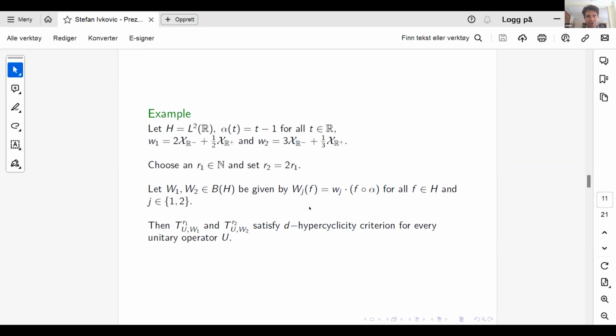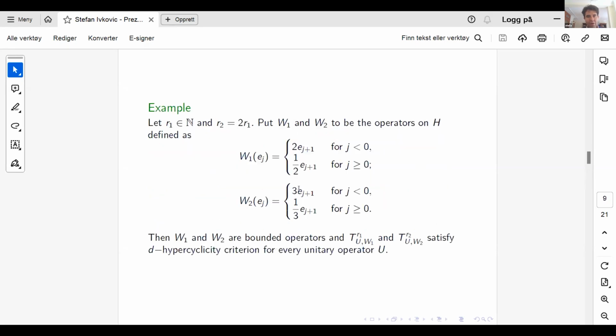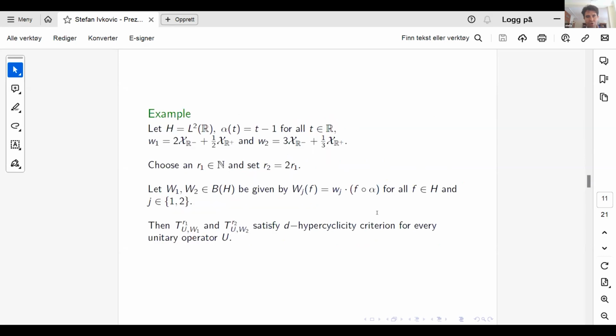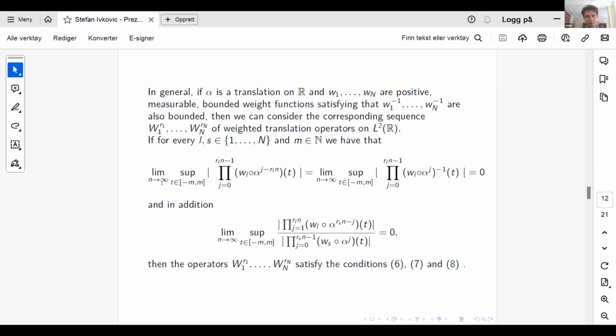And then the operators of this kind will satisfy the hypercyclicity criterion on H, which will ensure that also these operators satisfy the hypercyclicity criterion on B0 of H for every unitary operator U. And also this setup can be more generalized in terms of these conditions on alpha and wj.